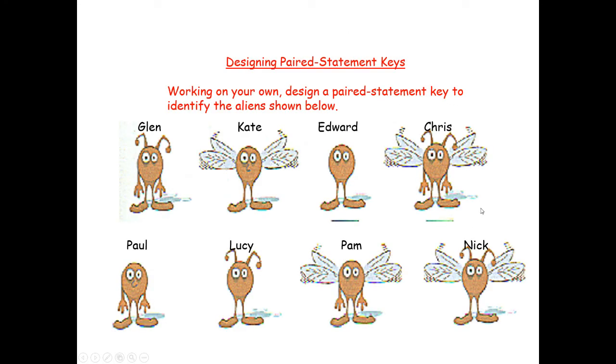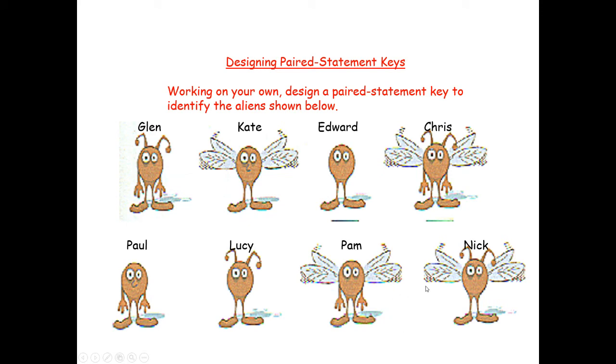So have a go on your own writing these as paired statements. Again, I would probably do has wings, has no wings. Under has wings, it would be go to question 2. On question 2, I would probably do, it's difficult to keep in my head, has antennae, go to 3.